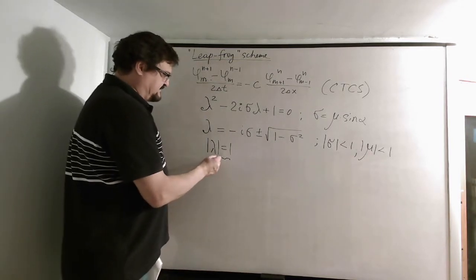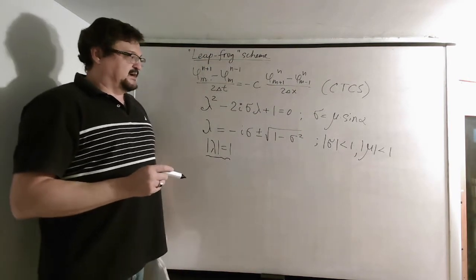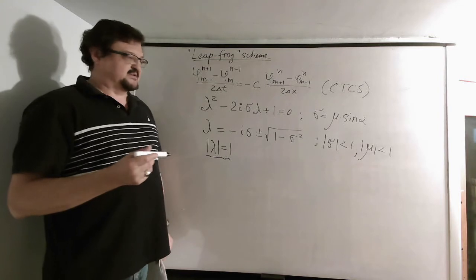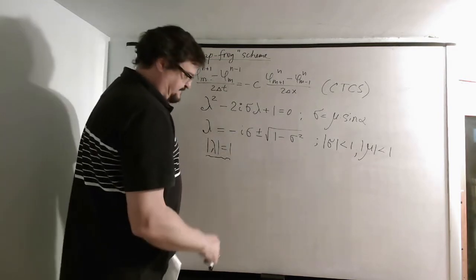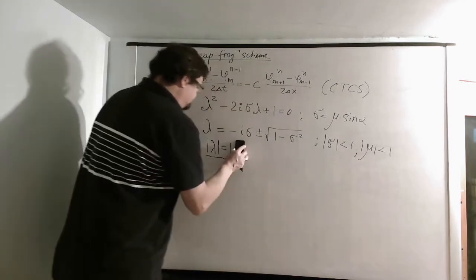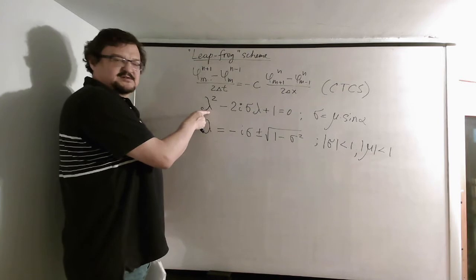And unfortunately, the scheme is, of course, dispersive, but there is also another phenomenon associated with that. See, we have two solutions here. So lambda has two solutions because it's a quadratic equation.